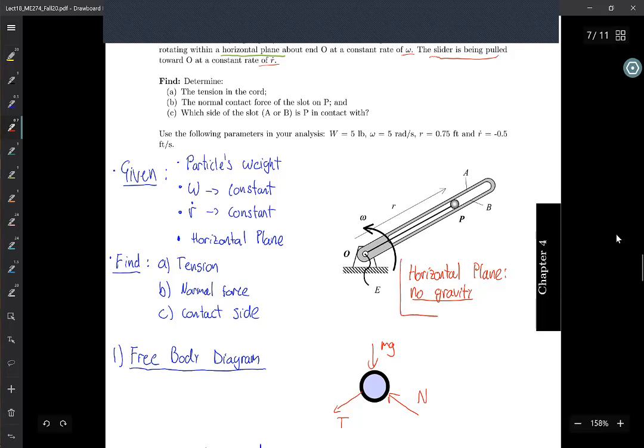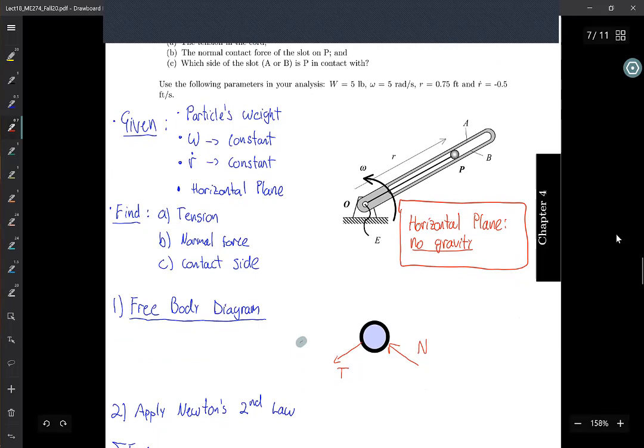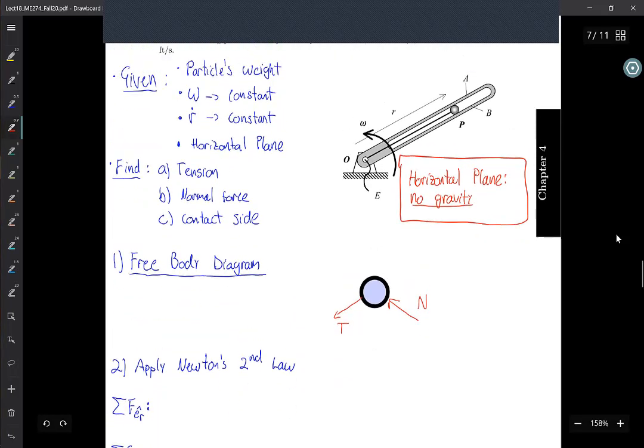So, whenever you read horizontal plane on a problem, please underline it, write it, do something, but don't forget about it. It means that everything is happening on a plane perpendicular to where gravity is acting. So gravity is not affecting what's going on in this problem. That's what it means. So there are no missing forces.